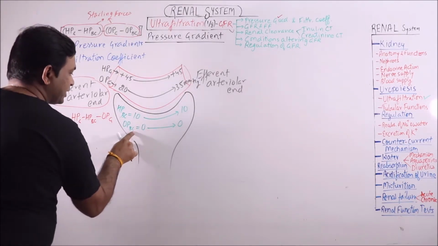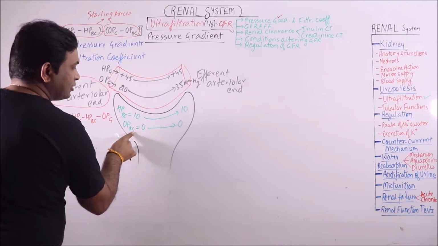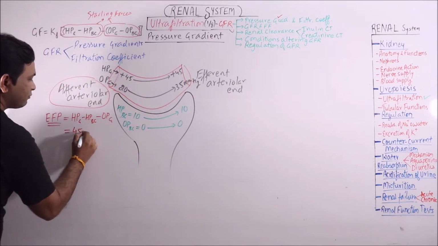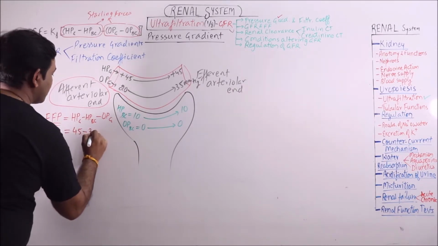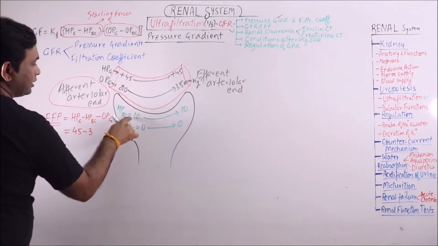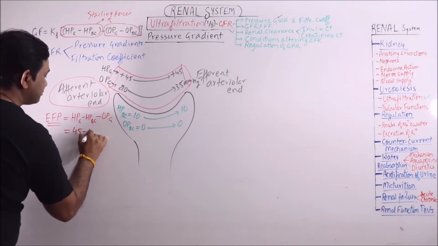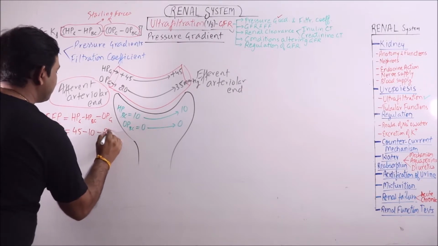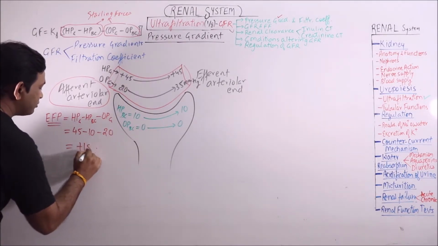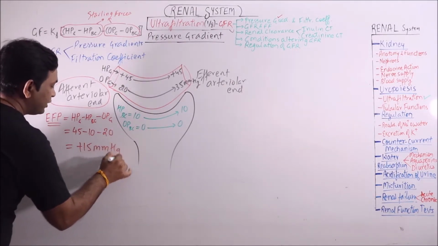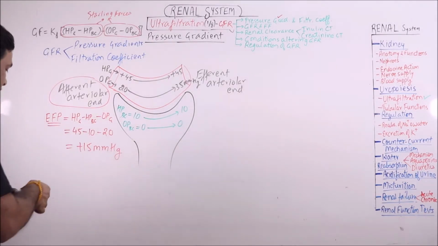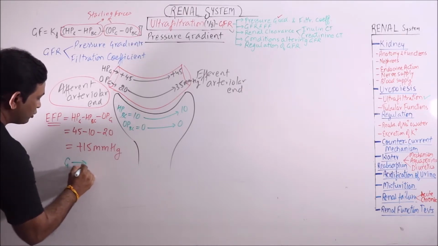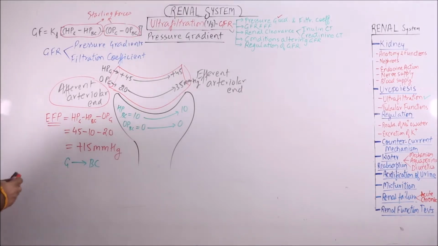Because osmotic pressure in the Bowman's capsule is taken to be 0, it will not come in the equation. So 45 minus 10 minus 20. It comes out to be plus 15 millimeter of mercury, which indicates that the net movement of fluid will be from glomerulus to the Bowman's capsule.